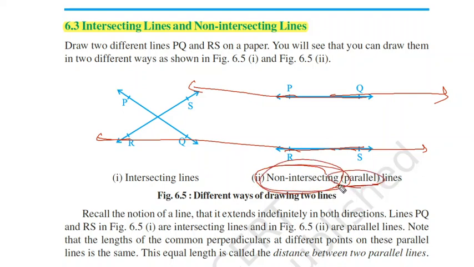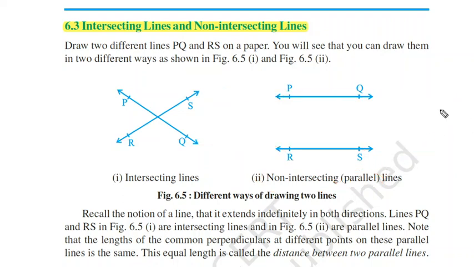So how can we say that they will not intersect? We have not seen the infinity, how much length it is going. So in this case, we have to find the perpendicular distance at any point. The perpendicular distance between these two lines at any point must be equal.